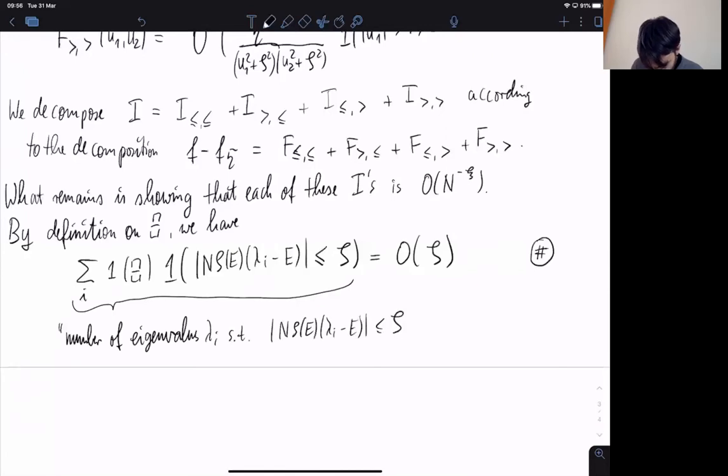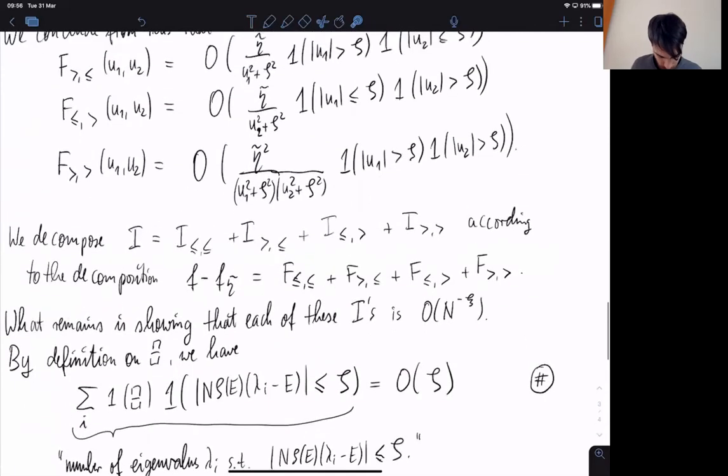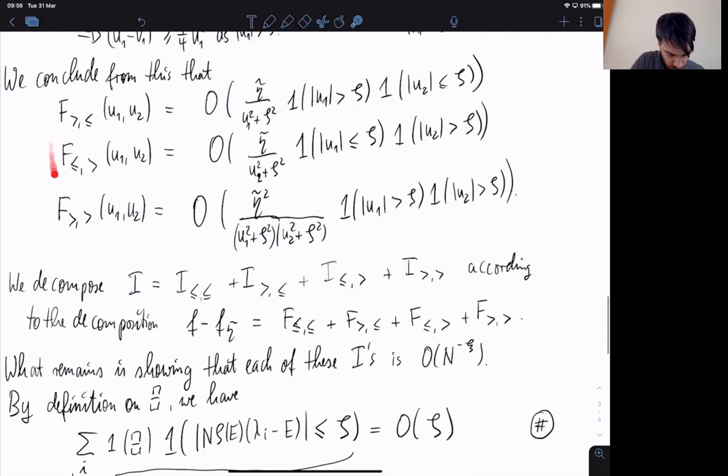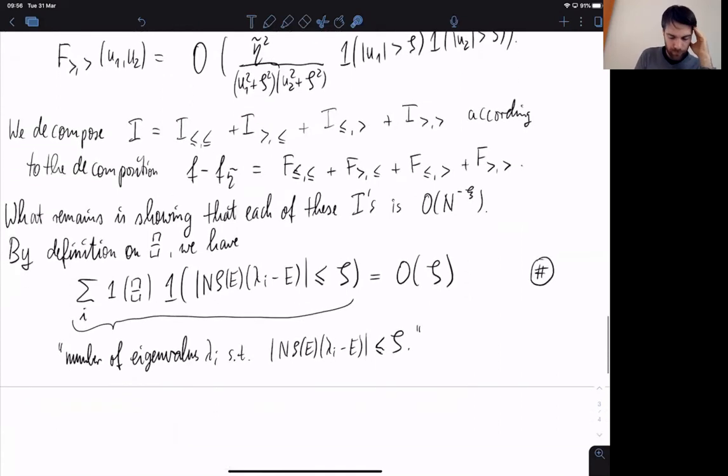That's what we will use when estimating these characteristic functions or these f's. So that will be an important ingredient, and then we can directly estimate from this and the definition and the estimates on the f's. We immediately get estimates on the I's.